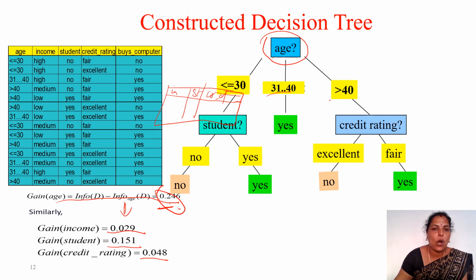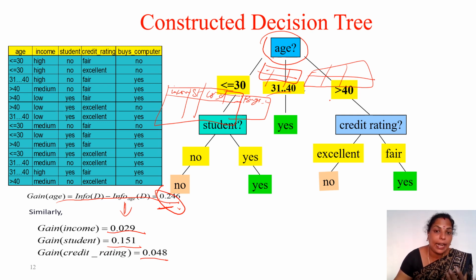You draw a table for less than or equal to 30, then for 31 to 40 also, with income, student and credit rating, and then for greater than 40 also. You can include the Bayes computer column as well, because based on that only we are splitting again.